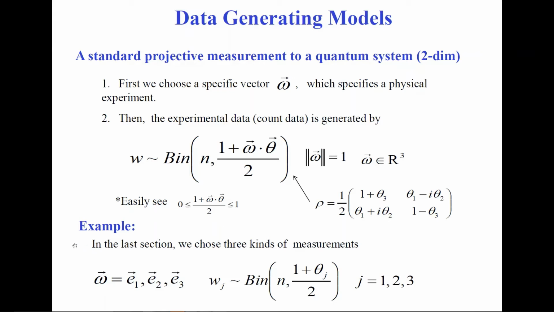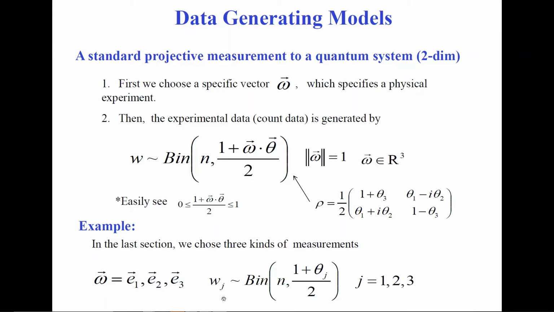For example, in the last section, we chose 3 kinds of measurements as unit vectors E1, E2, E3. Then we obtain 3 kinds of measurements.